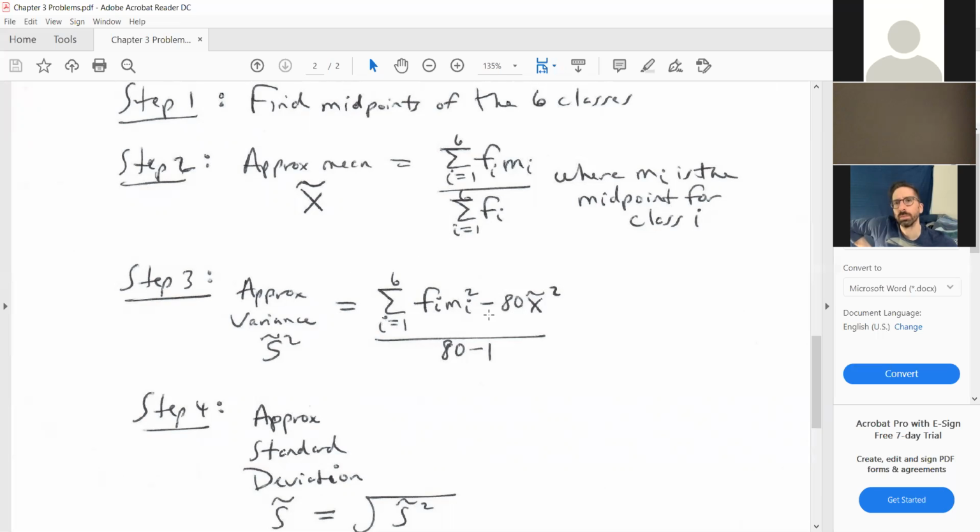That whole thing is my numerator. And my denominator is the number of data points minus 1. That gives me the sample variance. Okay?